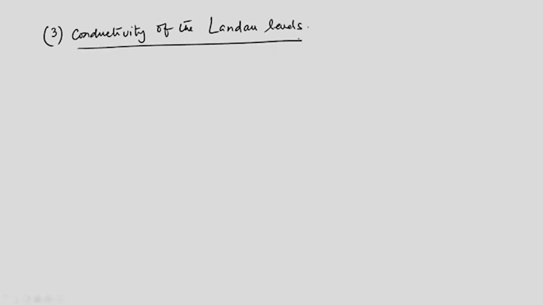I've already partly answered this question, number 3: what is the conductivity of the Landau levels? I said that I have partly answered it because I told you that the velocity of the electrons is equal to 0.